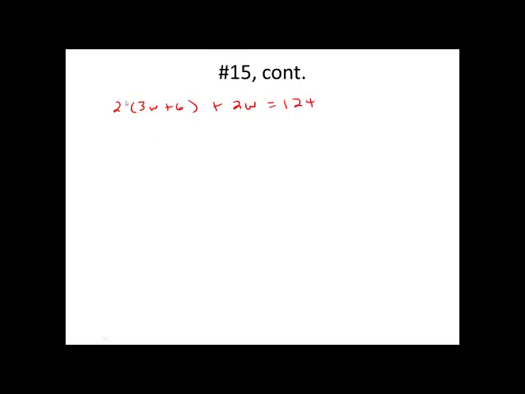Okay, so get rid of your parentheses, distributive property. 6W plus 12 plus 2W equals 124. Like terms, 6w plus 2w are on the same side.